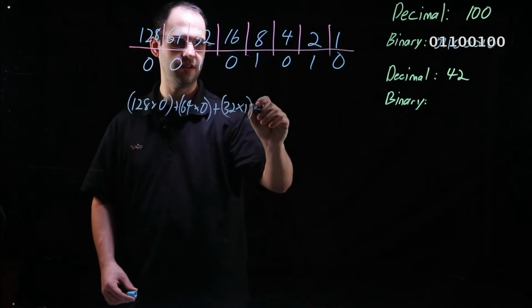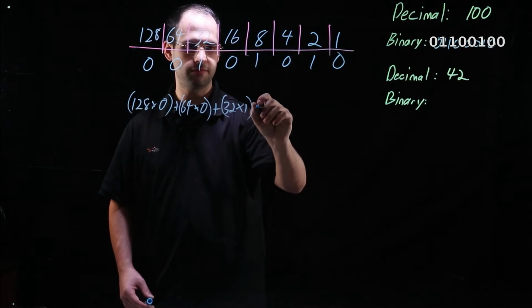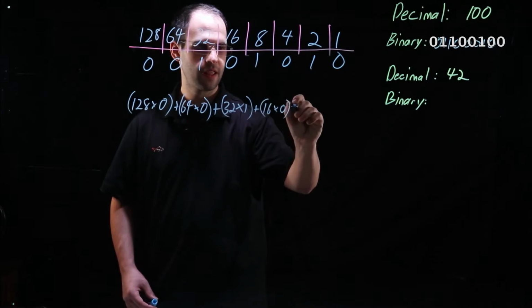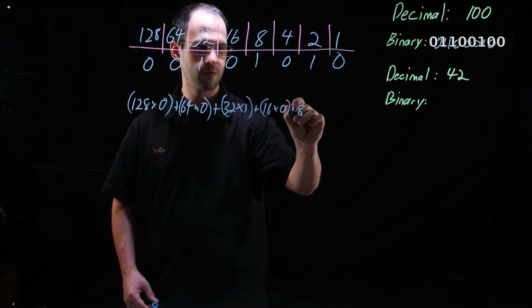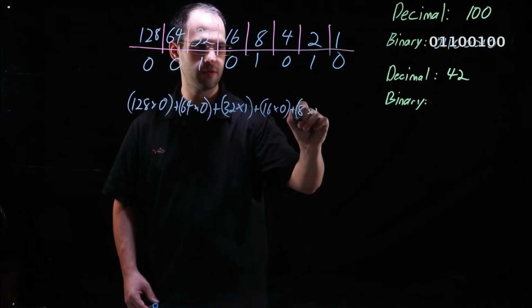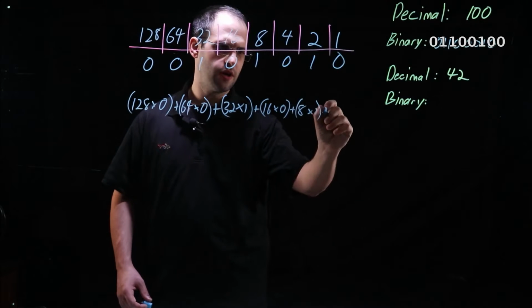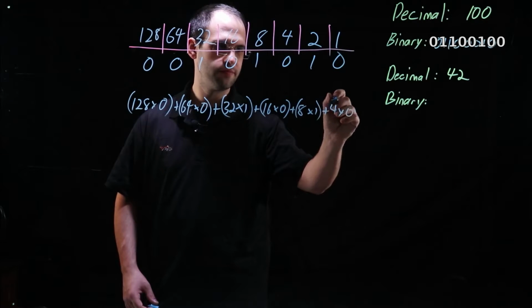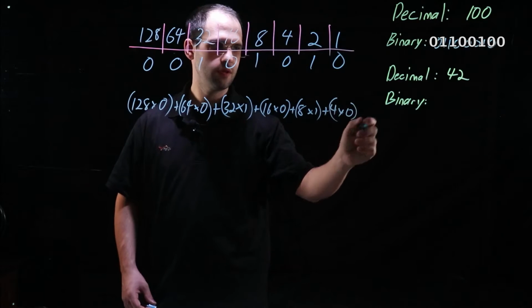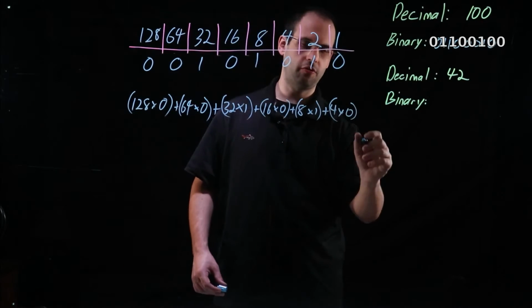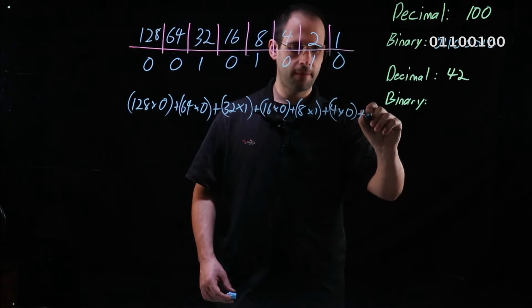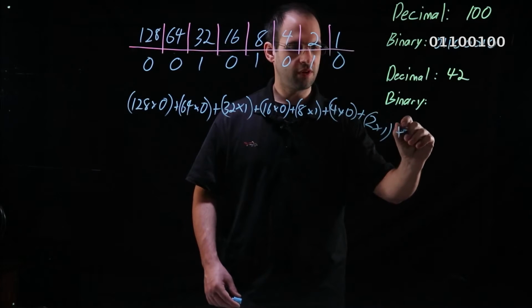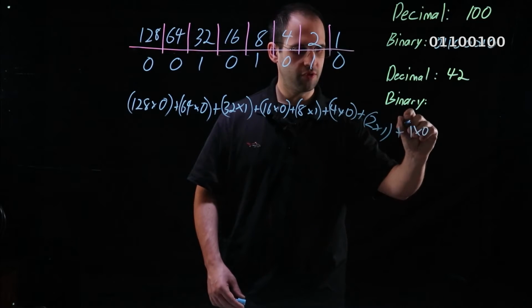Now you see 16 is a 0, so plus 16 times 0, plus 8 times 1. Remember this method. Plus 4 times 0, and we're going to spill over here a little bit, plus 2 times 1, plus 1 times 0.